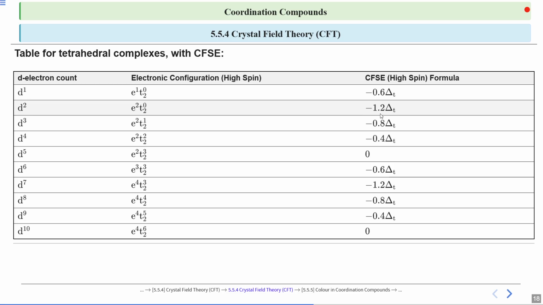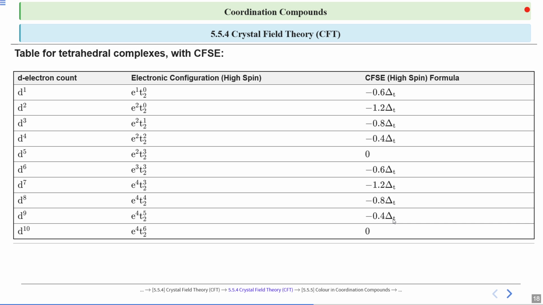Similarly, you can see for different d electron counts we have different CFSE, and for d5 the configuration is E2 T2 3. That means E is having 2 electrons, T2 is having 3 electrons. The CFSE is 0. Similarly, the 0 CFSE is for d10 having the configuration E4 T2 6. The CFSE is 0. Only for these two it will be 0. Other than that, everyone is having some amount of CFSE.